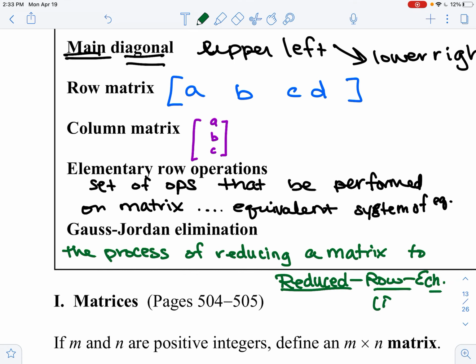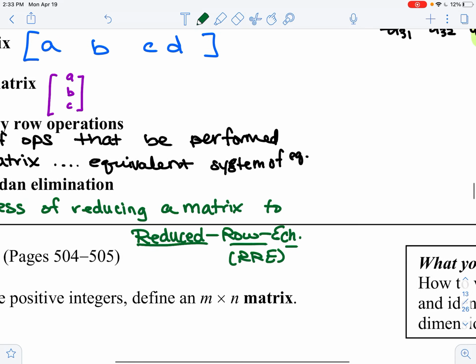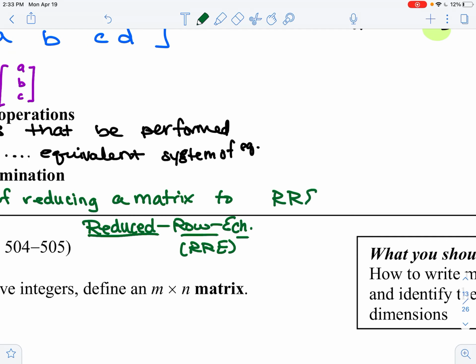We call that RRE for short. Okay, and we'll talk about what reduced, well, actually, I'll just show you right now. Reduced row echelon form will look like this, where you have ones on the diagonal and zeros everywhere else.